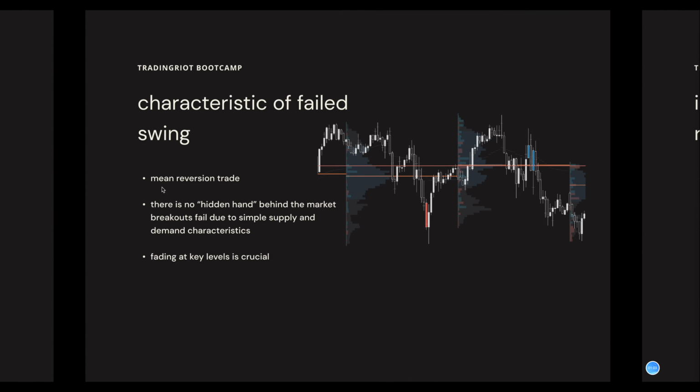Like I said previously, there is no hidden hand in the market. No one is manipulating the market. There are no market makers running people's stop losses. This is simply a supply and demand characteristic.